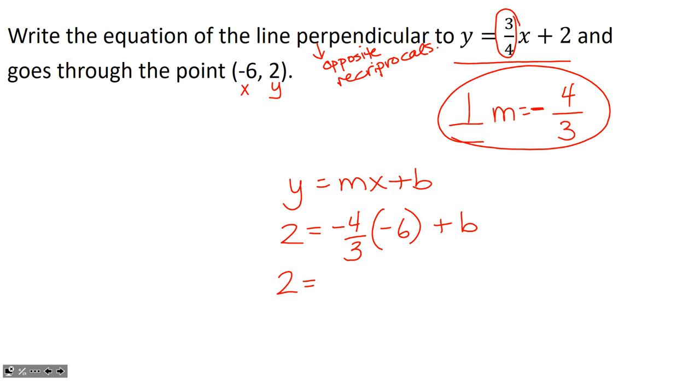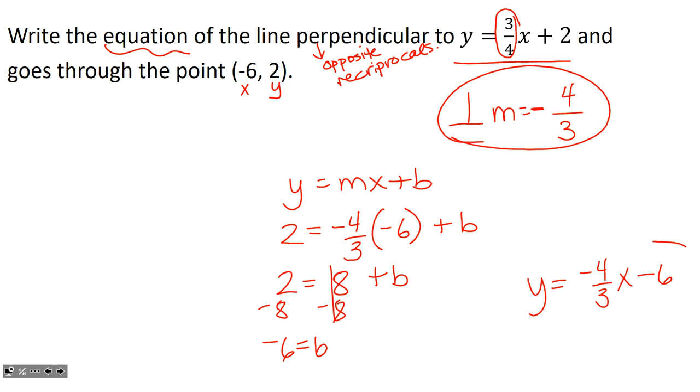Use your calculator. A negative times negative is a positive. And 4 over 3 times 6 is positive 8, plus b. Now I'm going to solve for b. I'm going to subtract 8. This is negative 6 is equal to b. Now I have my b, but really they're asking me to write an equation. So I need to pull it all together. My final equation, y equals negative 4 over 3x minus 6. There's my final answer.